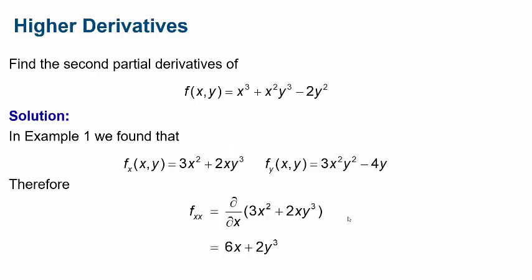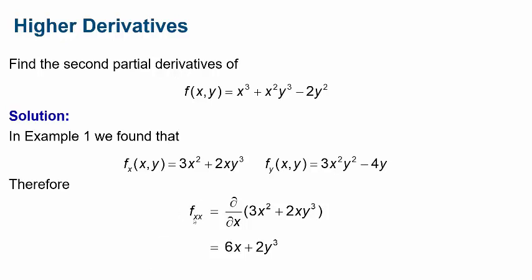All right, let's find the second partial derivatives of this. Okay, so we have this function f of xy, and it's equal to x cubed plus x squared y cubed minus 2y squared. All right, we found this already. Okay, the partial derivative with respect to x of this is just 3x squared plus 2xy cubed, and the partial derivative with respect to y here is just 3x squared y squared minus 4y.